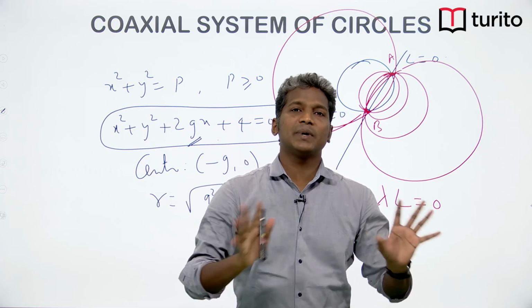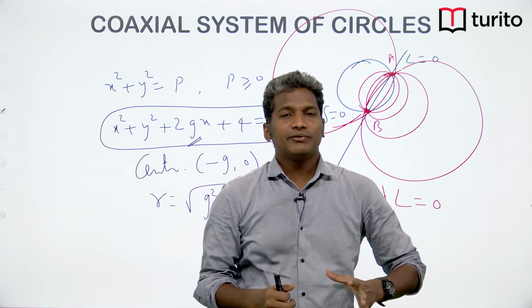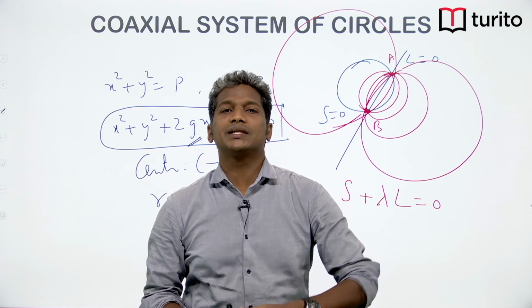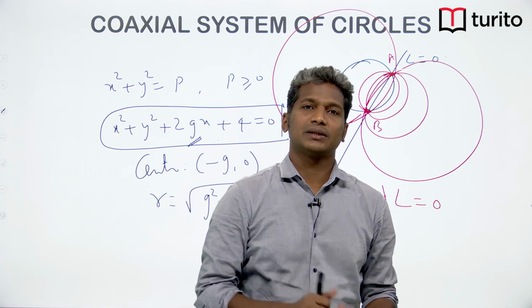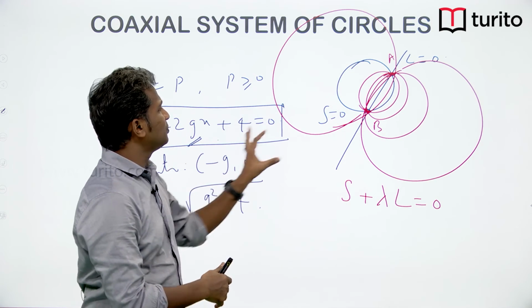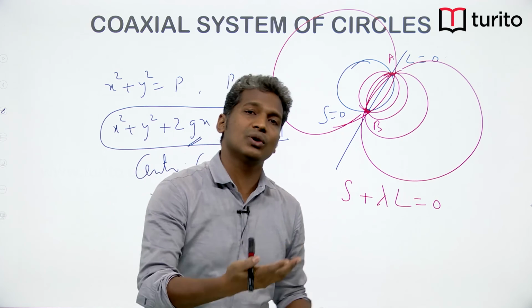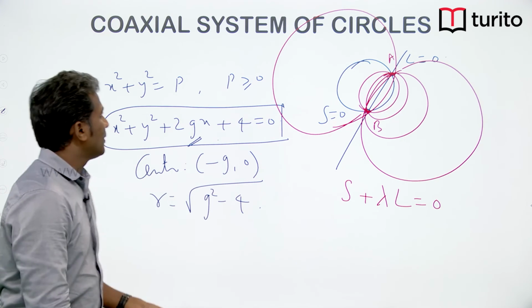Here I have explained the meaning of the phrase coaxial system of circles. Now, let us see how to put this in terms of equations and what the standard form of that coaxial system is, which we will see in a while.